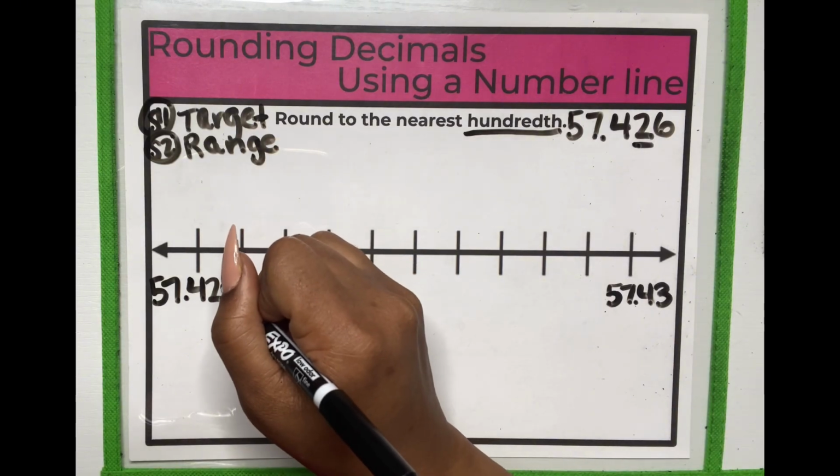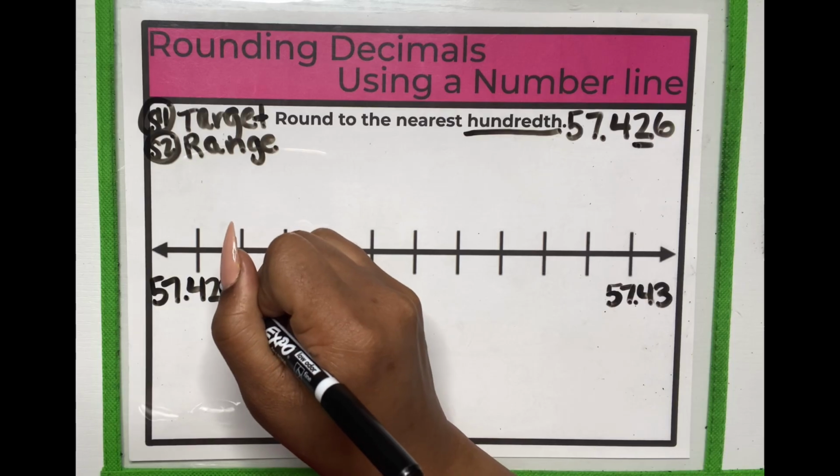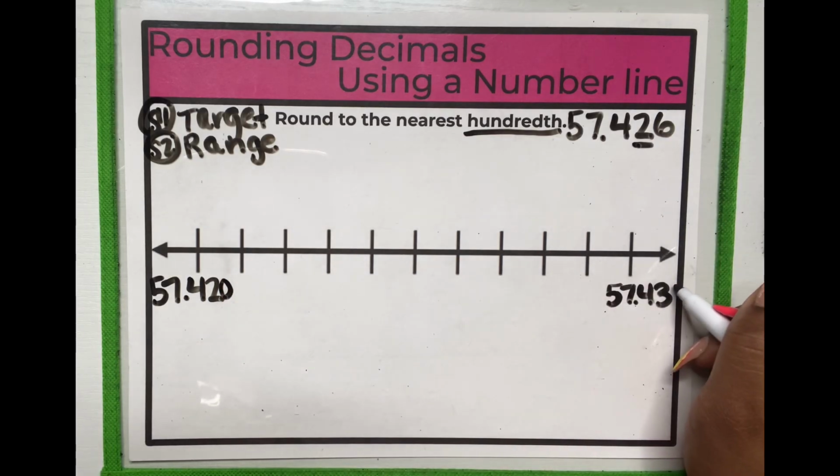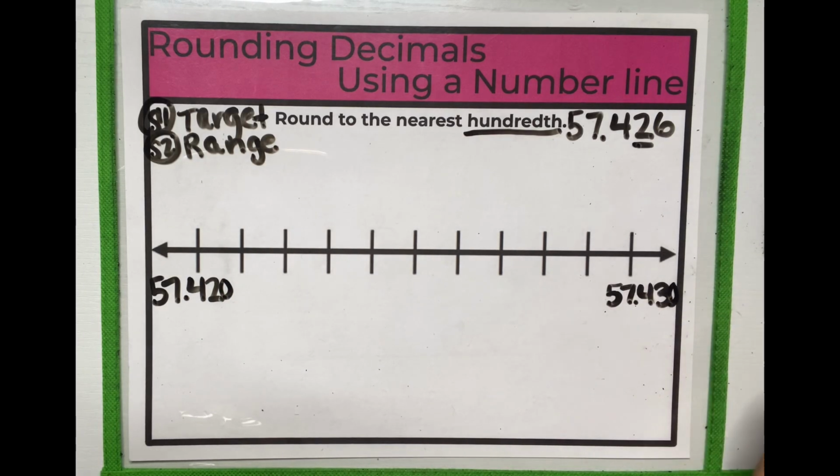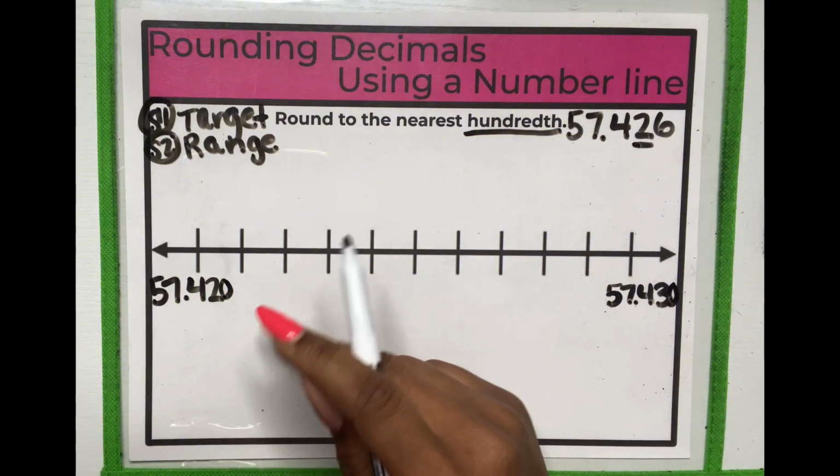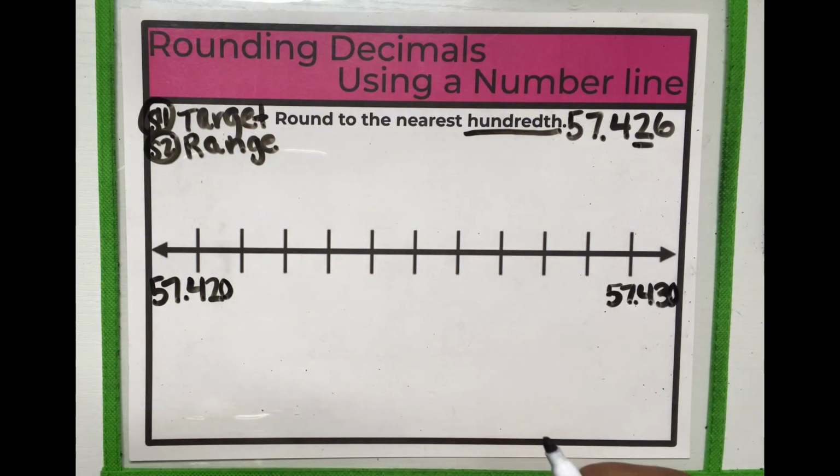I'm going to place a placeholder of 0 and make these thousandths as well, since we're going to have thousandths in here. And we're going to number.